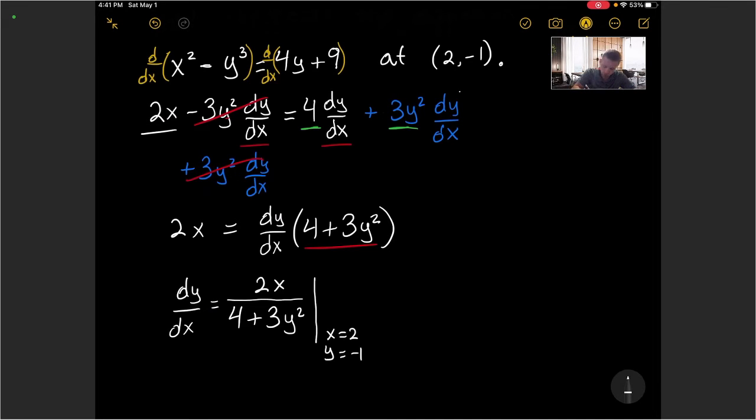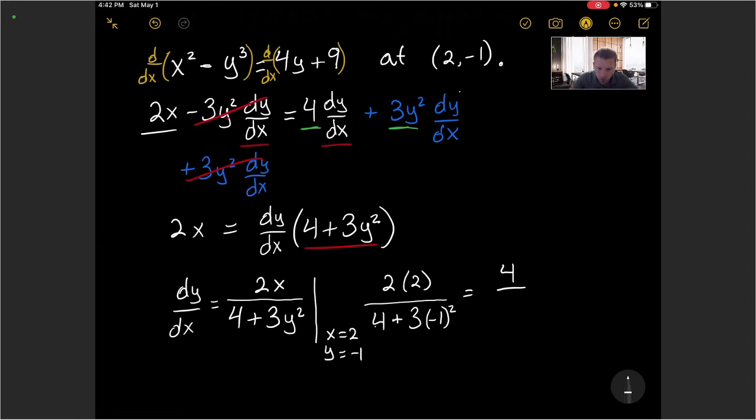So let's do that. In the numerator will be 2 times x, which is another 2, divided by 4 plus 3 times y squared, which is negative 1 quantity squared. When I simplify this result, we'll have 4 divided by 4 plus 3 times negative 1 squared.